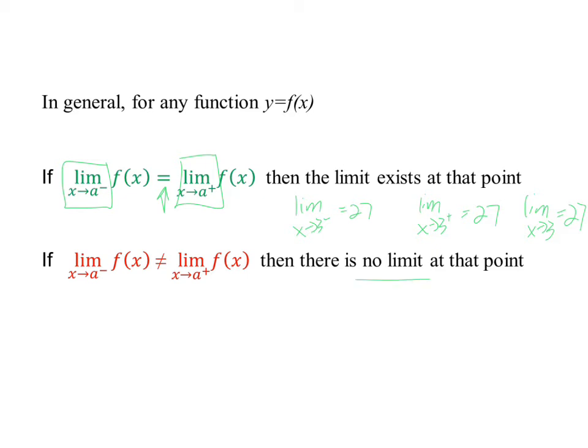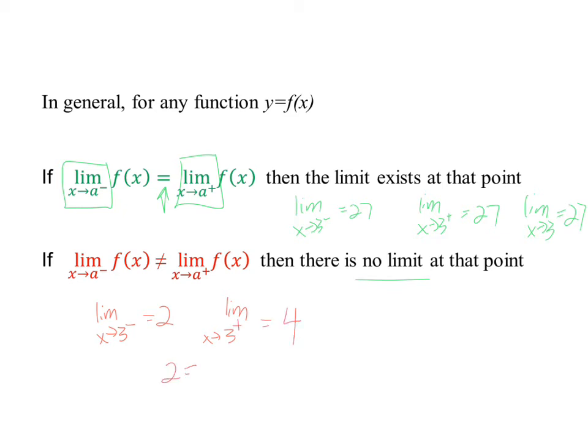So for example, let's suppose for that last graph, if x approaches 3 from the left we got an answer of 2, and x approaches 3 from the right-hand side, so that'd be 3 with a little plus up top, and let's suppose that answer was 4.